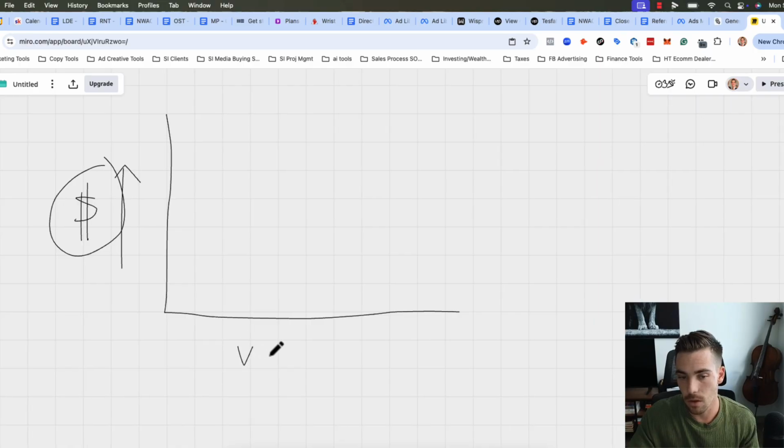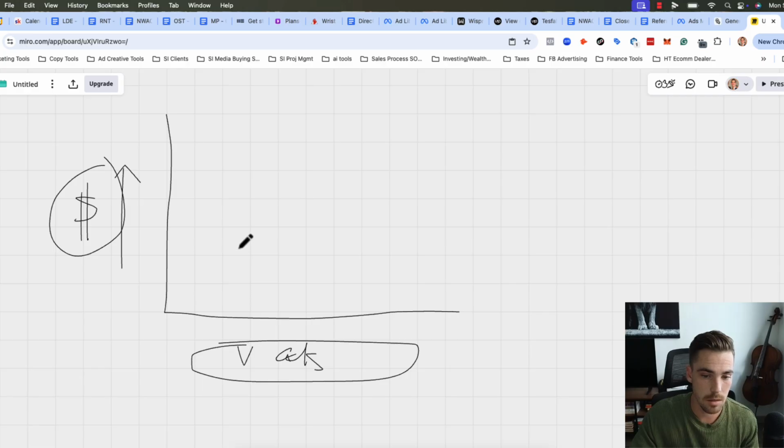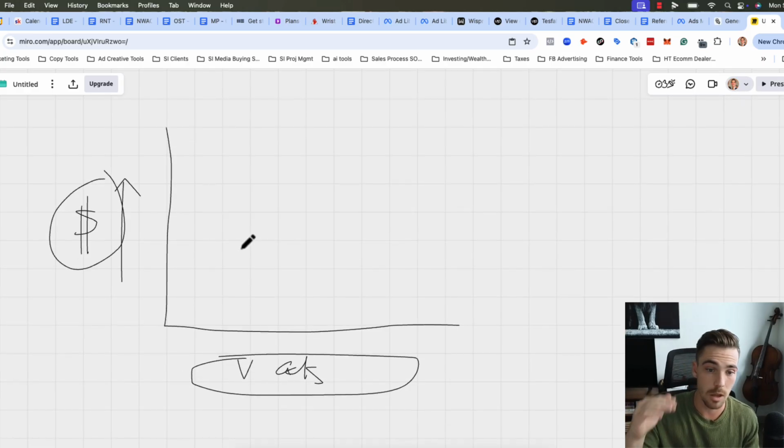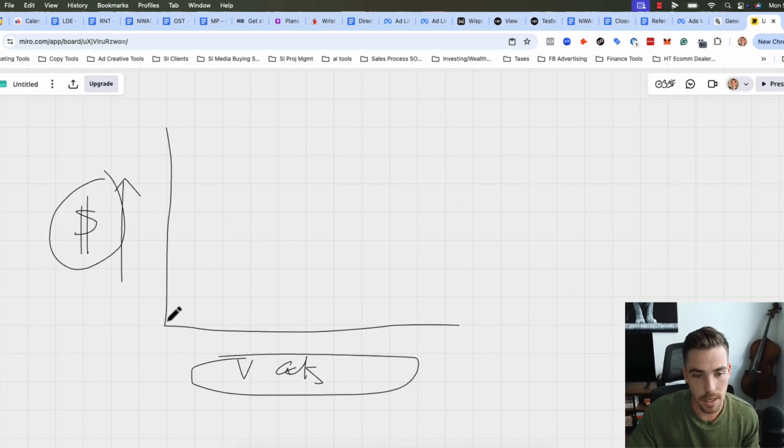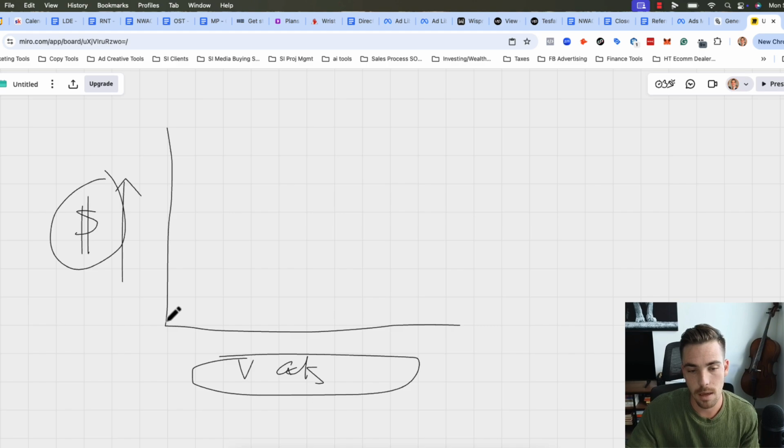This is like volume of ads that you're testing on a biweekly or weekly basis, or monthly basis if you're at a little bit lower of a spend. They have a direct correlation. The higher amount of spend you're spending, the more ads you need to test.